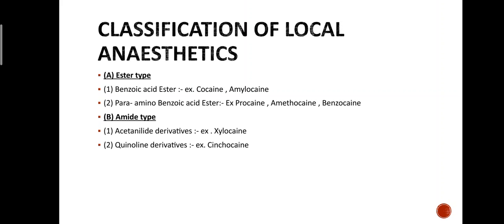In benzoic acid ester, examples are cocaine and amylocaine, and in para amino benzoic acid ester, examples are procaine, amethocaine, benzocaine, etc. Second main type, amide type: first acetanilide derivatives, example xylocaine, and second quinoline derivatives, example cincocaine. This is a very simple classification of local anesthetics. Sometimes the question paper only asks to define local anesthetics and give its classification.